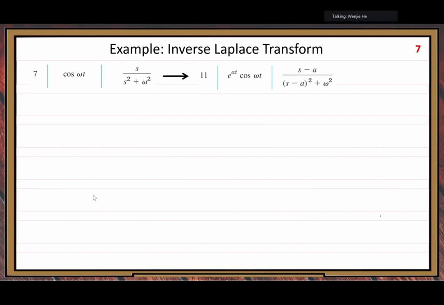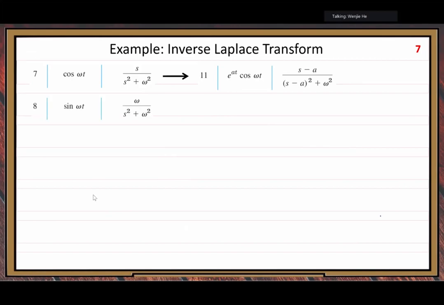Shift by a, so you replace s by s minus a. It's a straightforward way to apply the first shifting theorem. Simple replacement.